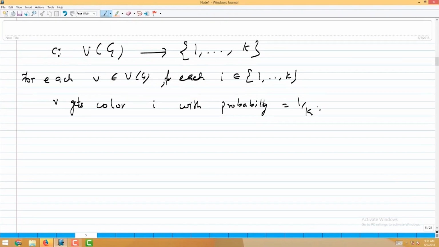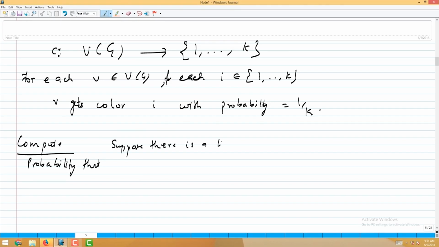Okay, and what is the goal? We want to compute the probability that, suppose there was a k path in the graph, this coloring would color this k path colorfully.